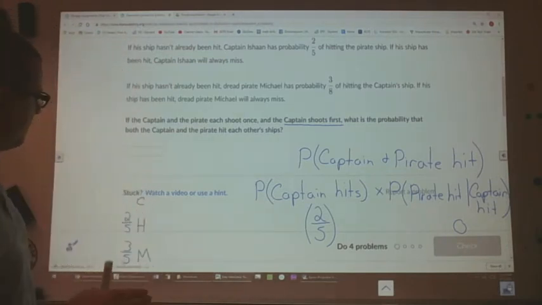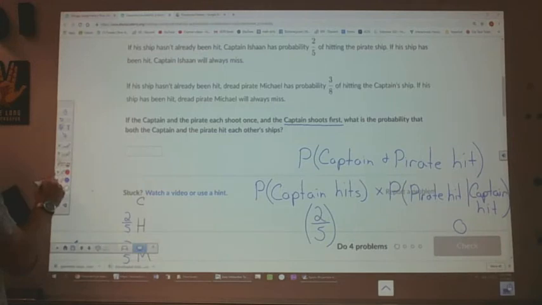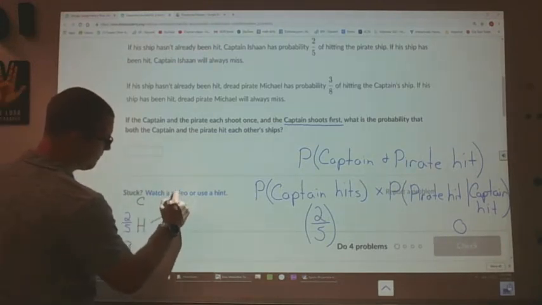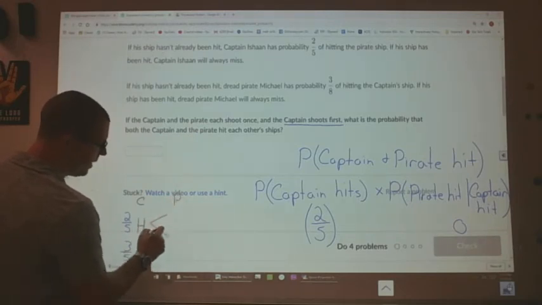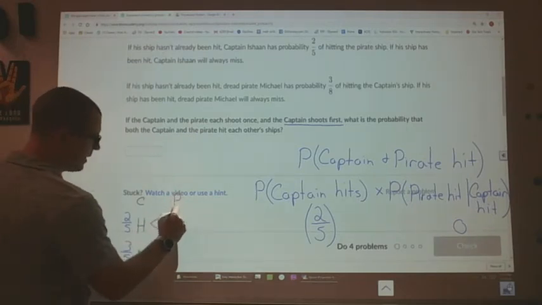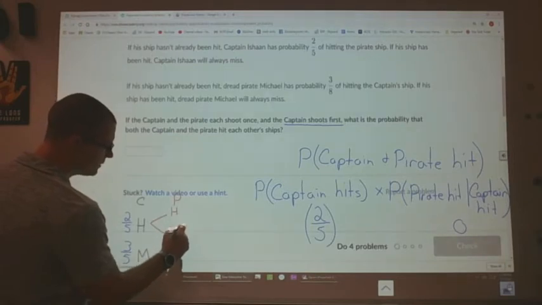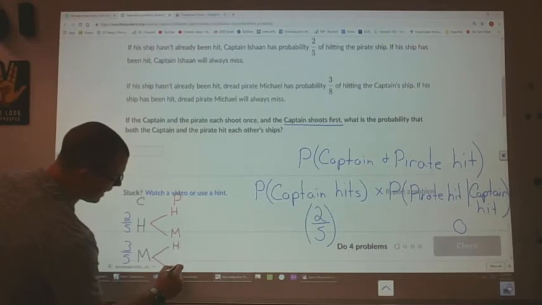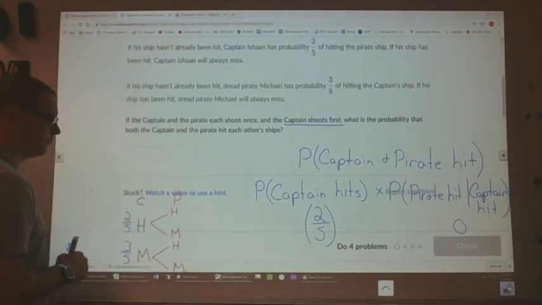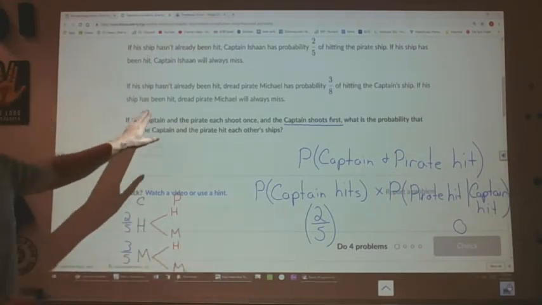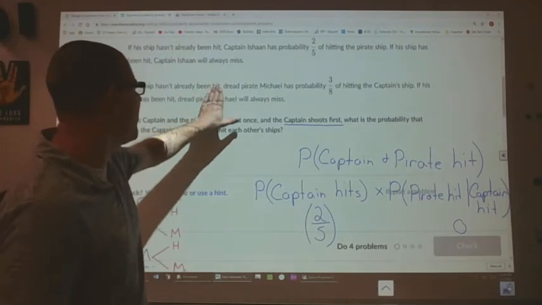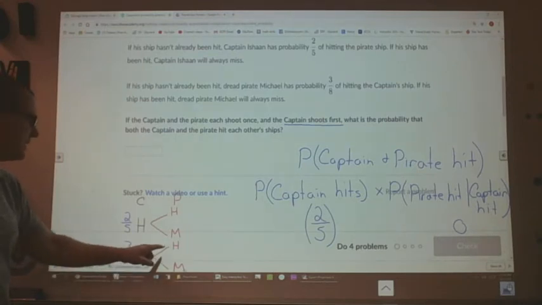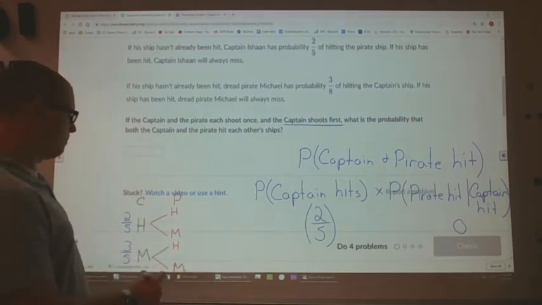Then the pirate will fire his shot, which we now have 4 possible outcomes from. Either the pirate hits or misses for both of the captain's outcomes, because the captain shot first. So then we have these. Now it tells me if his ship has not been hit, so if the captain misses, then the pirate has a 3/8 probability of hitting.